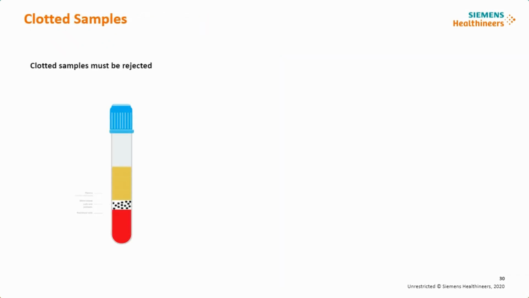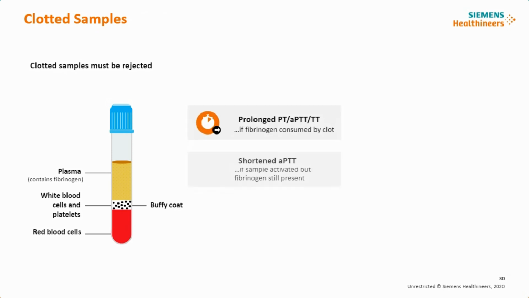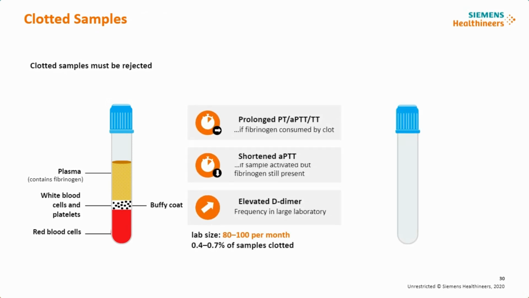So why is it important for clotted samples, and why must they be rejected? Well, clotted samples can have one of two possibilities. They could have prolonged PTs and PTTs because the fibrinogen and all the clotting factors have been consumed, and you have formation of a large clot at the bottom.